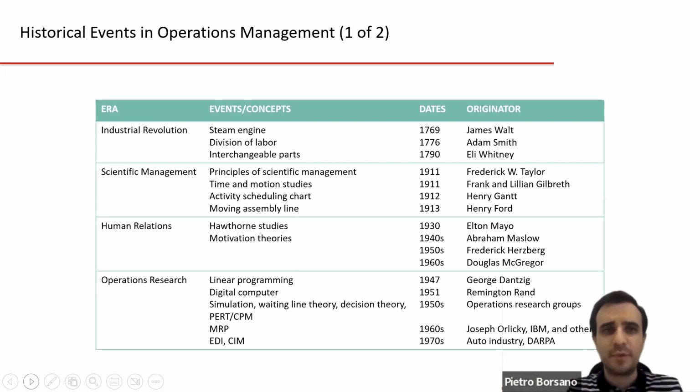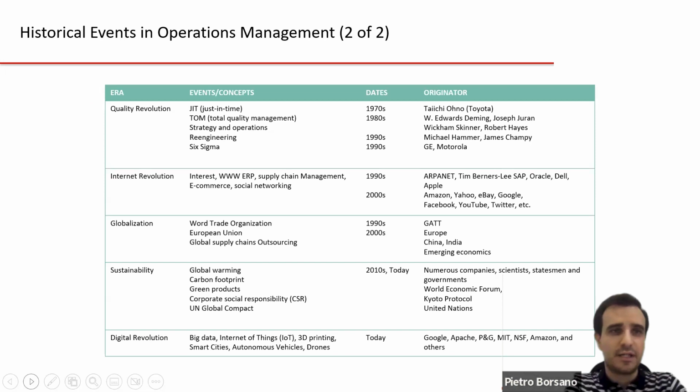Then research and operations in the mid 20th century. Many of these concepts are still in use today, from the deployment of linear programming in operations, to PERT and CPM that are used in project management even today. So all of these are concepts that are still usually deployed every day.